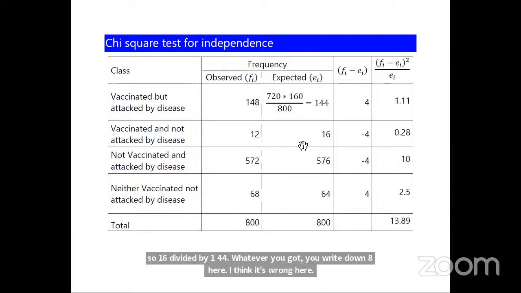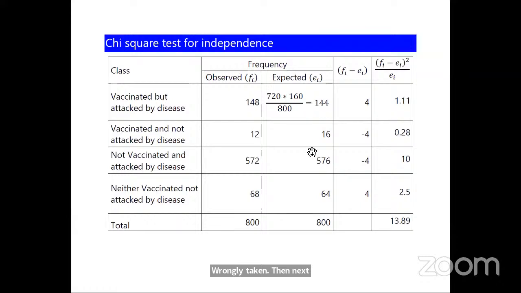Then next, again Fi, that is 16. For each cell we have to do the same. So 16 minus 12, that is 4. When we square it, it will become 16 again, divided by Ei. So 16 divided by 16. So it should be 1.